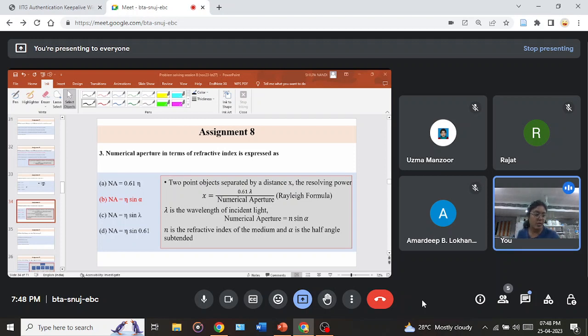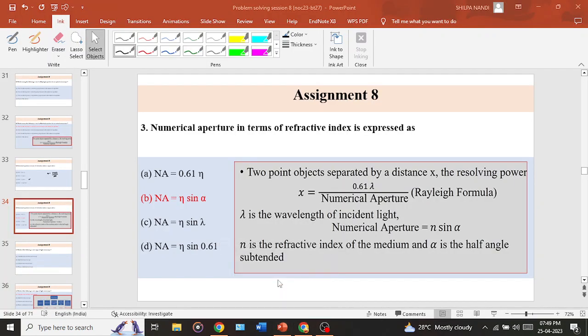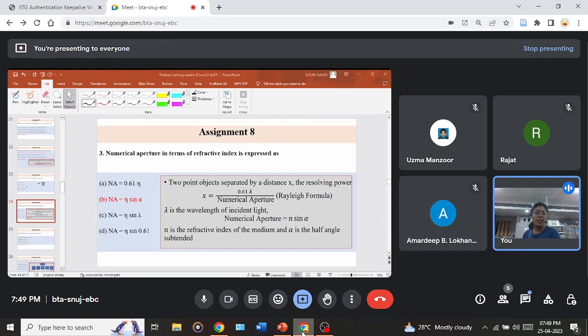So you must remember what the Rayleigh formula is, what the numerical aperture is and the refractive index, and differentiate between the wavelength and alpha. Do not confuse them. Wavelength is directly proportional to the resolving power, whereas alpha is directly proportional to the numerical aperture. Okay. Is there any doubt till now?